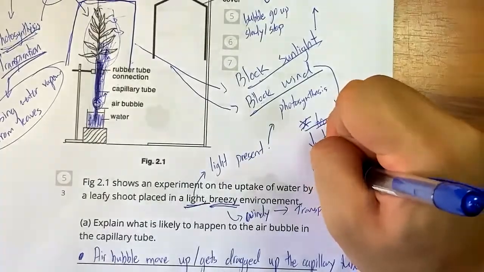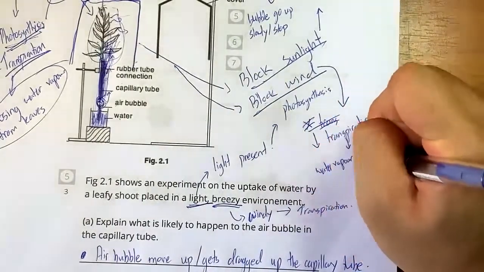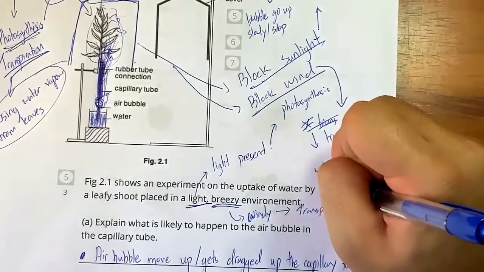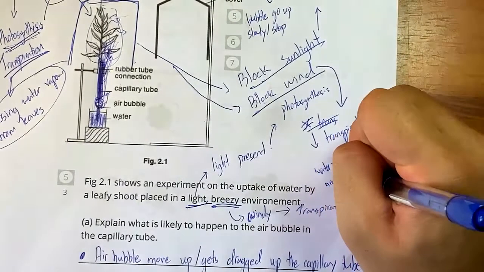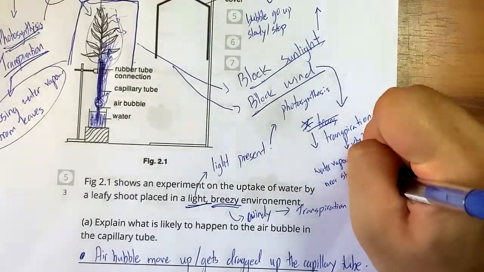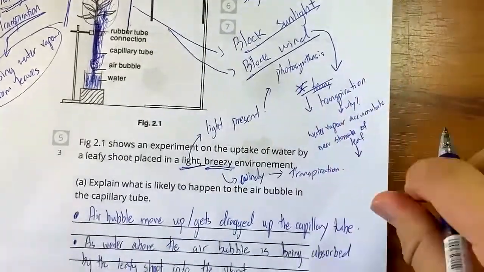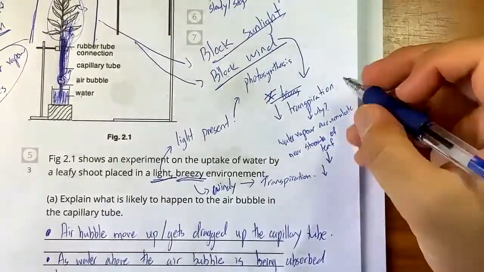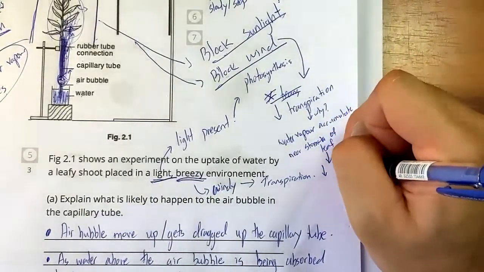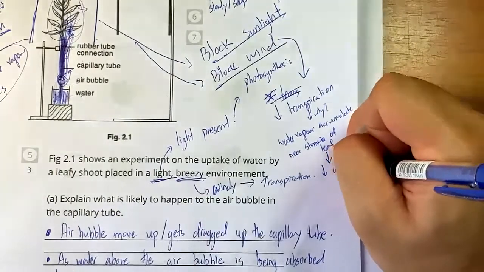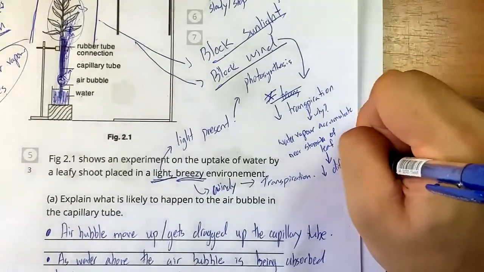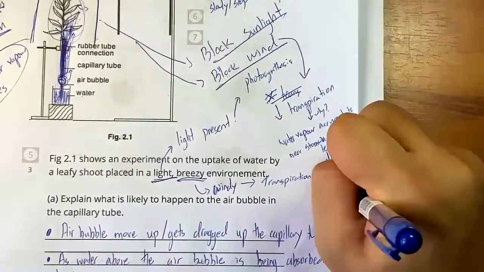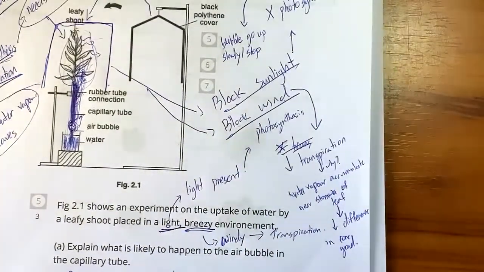Water vapor accumulates near the stomata of the leaf. And if it accumulates at the stomata of the leaf, it will reduce the difference in concentration gradient.